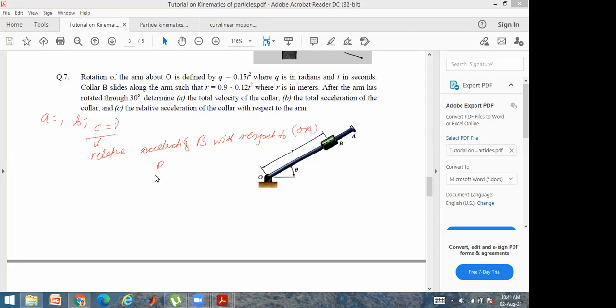Relative acceleration of B with respect to arm. The arm के हो हाम्रो OA is our arm. So relative acceleration of B with respect to our arm OA, यसरी लेख्न सक्छु. Relative acceleration of B with respect to arm OA. So this can be written as AB minus AOA. So what is AB? हामीले AB हामीले निकालिसकेको छौं.